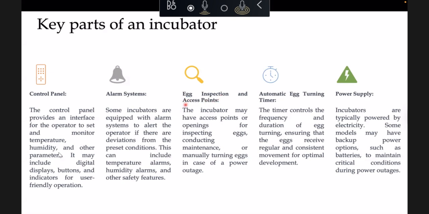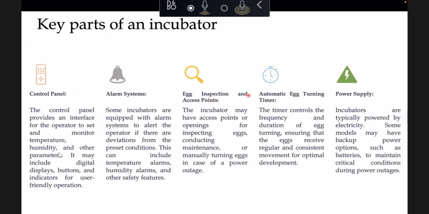The access point is not commonly present in all incubators, but in some cases there may be a portion where, without opening the gate of the incubator, we can put our hand inside and do some manual turning, or something else inside. So this is the access point.